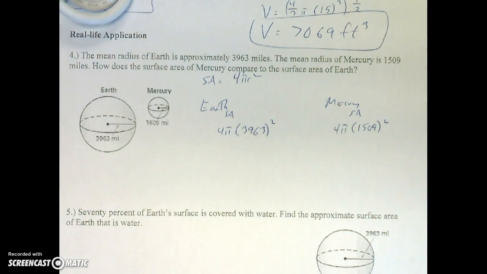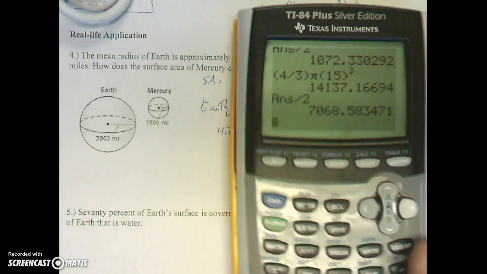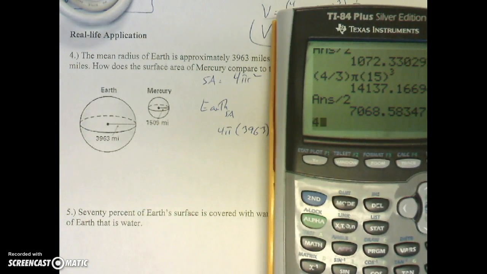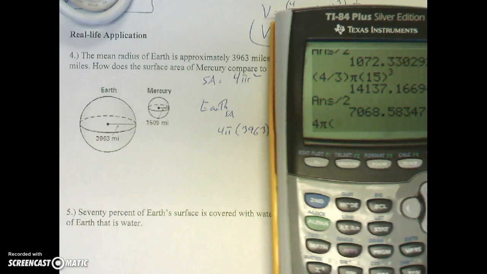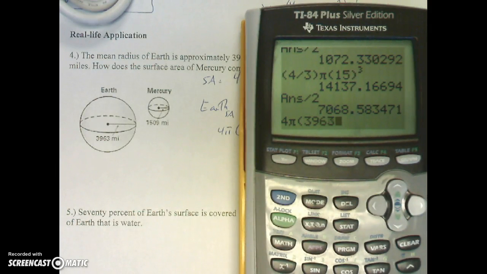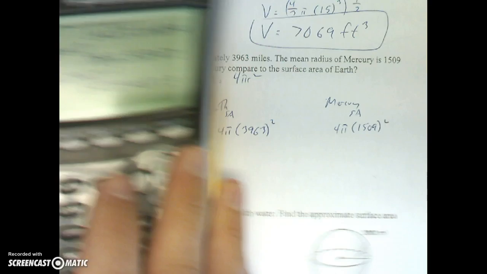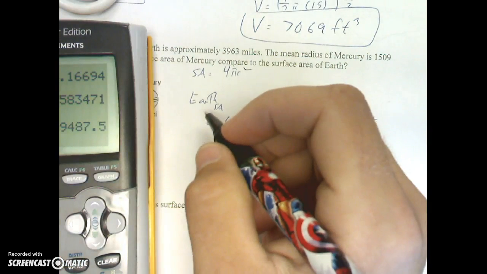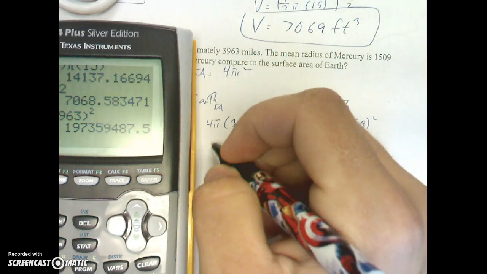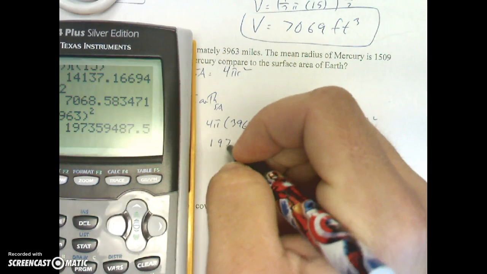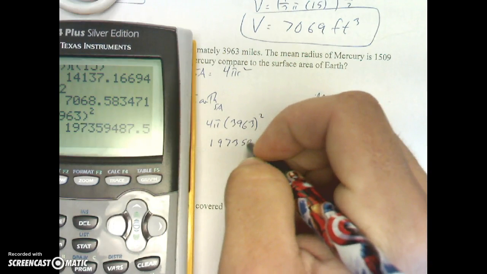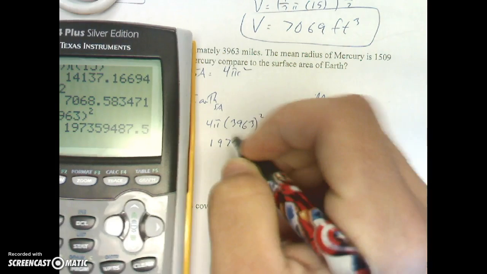Let's go back to my calculator. Sorry for the glare here. 4 pi 3,963 squared. So we're looking at a very large number here. 197,359,487.5.